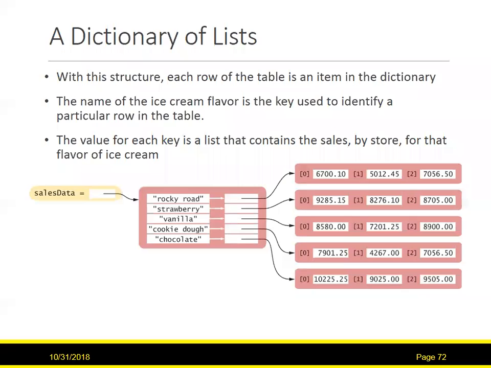I think in this example, it's using a list instead of a set for each one. So the value for the key Rocky Road is a list of these numbers. The first one being number 0, 1, 2. So it can be whatever you want. Python's really great about working with objects.